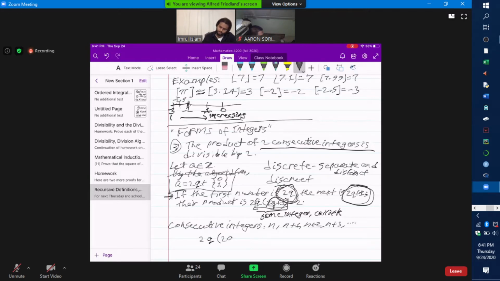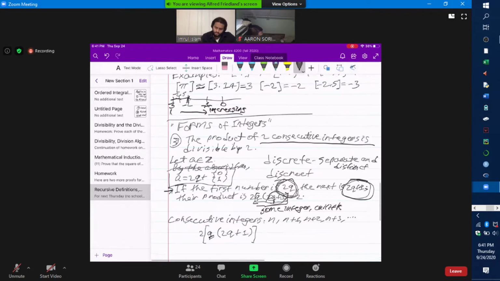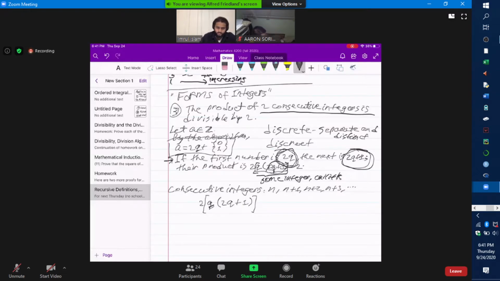times 2q plus 1. And what I'm saying is that by the associative property for multiplication, you can group those, and since q is a number, that 2q is a number by closure of the numbers under multiplication, and then 2q plus 1, so 2q is a number, and if you add another number, 1, by closure under addition, this is a number.